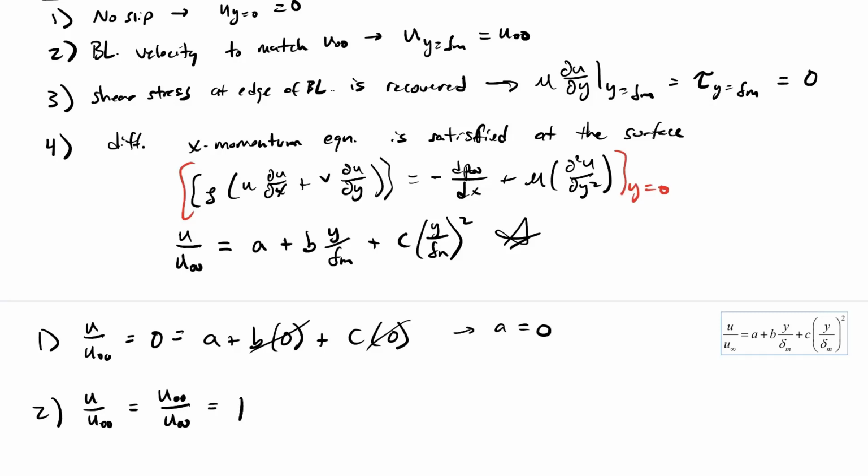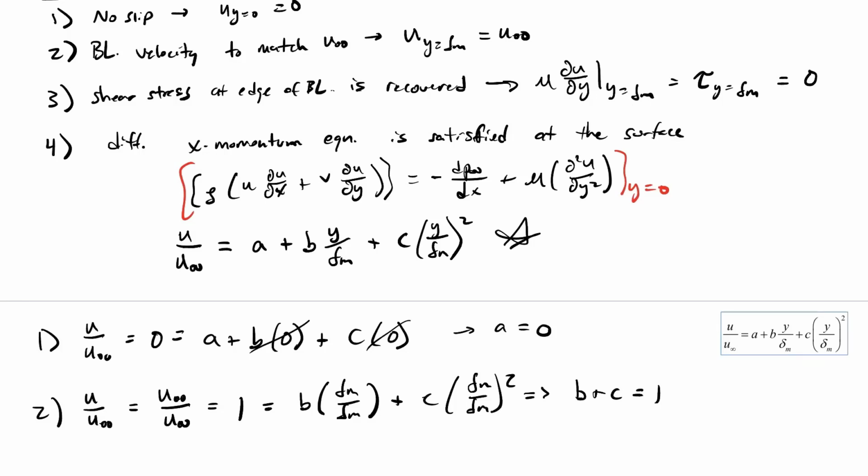So 1 is going to equal, substituting in, a is already 0, so b times y over delta m becomes delta m over delta m, plus c times delta m over delta m squared. So that's just saying b plus c equals 1. All right, so that's the second thing.